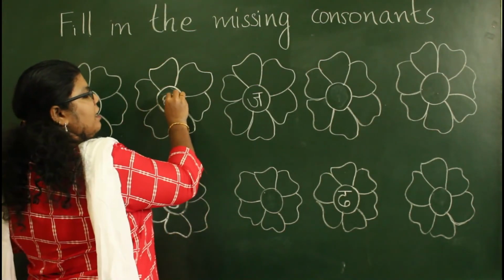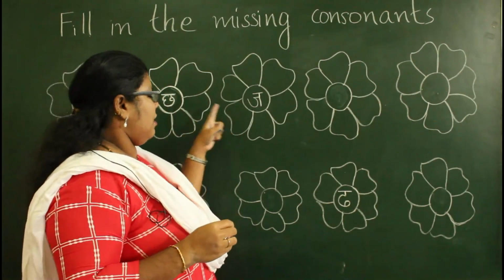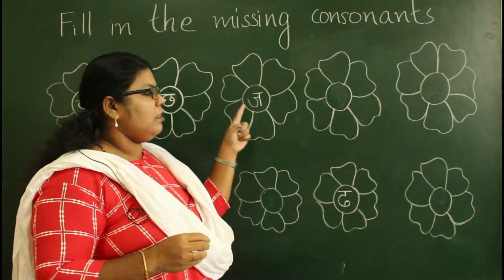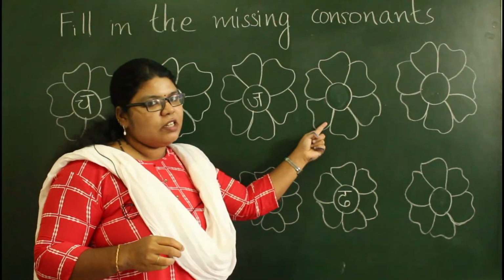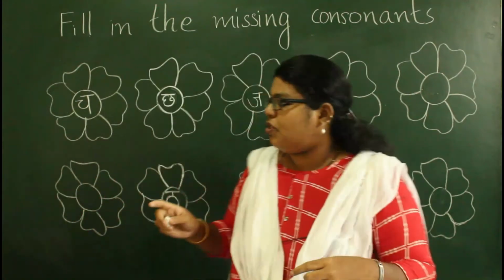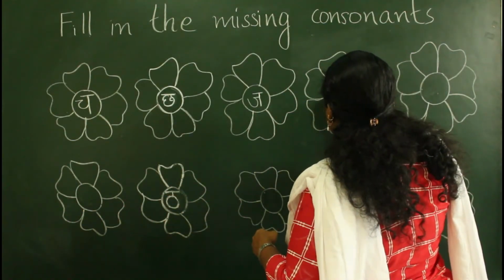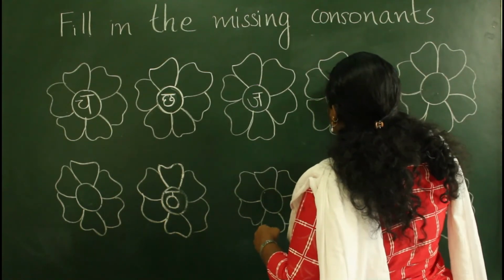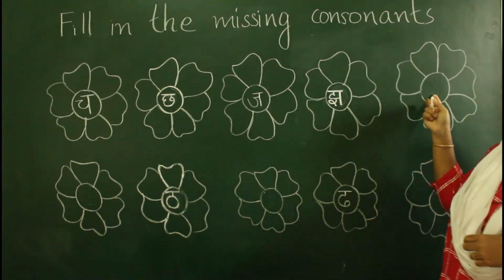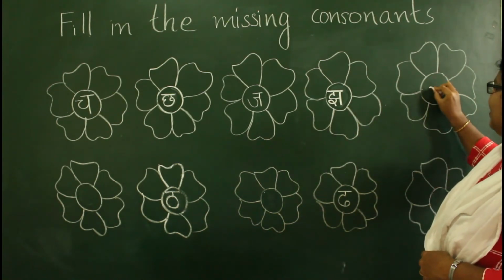We will write that cha over here. And ja is here. Cha, cha, ja. Which is the next consonant? Jha. Right? Jha over here. And next one? Nya. Very good children. Nya.